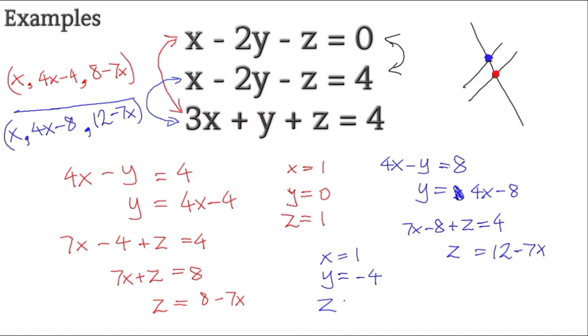Z, in other words, would be 12 take 7, giving us 5. So we've got another solution. You can sub in these two values into the equations above and find that they would fit our hypothesis, and that's a way of checking whether you've done something correct or not.